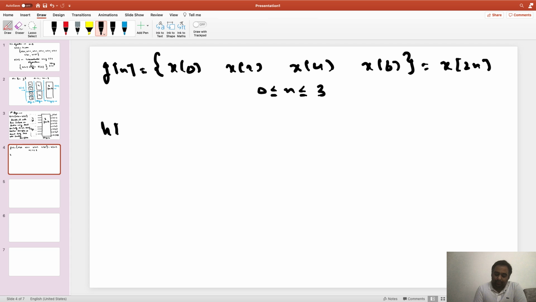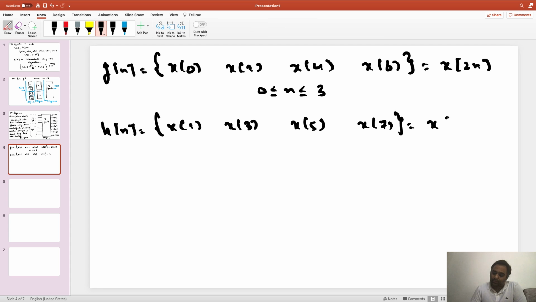Similarly, the odd indices are picked up in another sequence called h[n], and this sequence becomes x[2n+1], where n also varies from 0 to 3. We had initially a sequence where n varied from 0 to 7, which had 8 sample points.